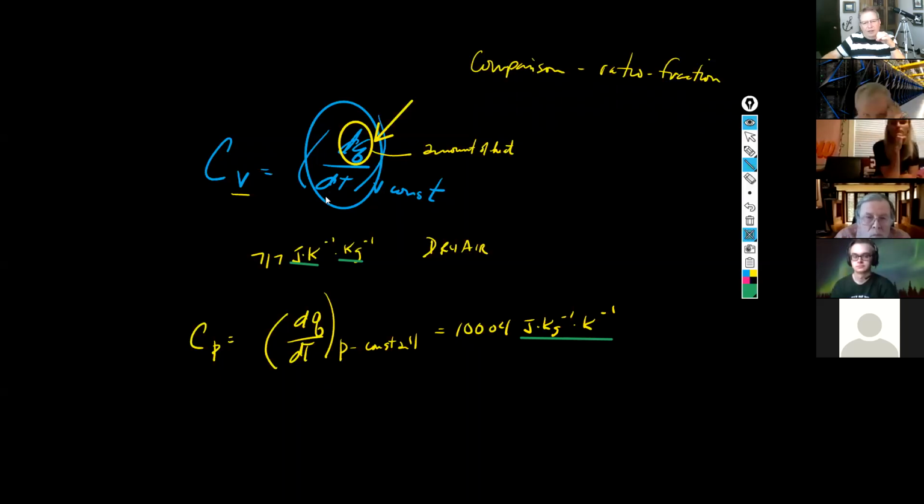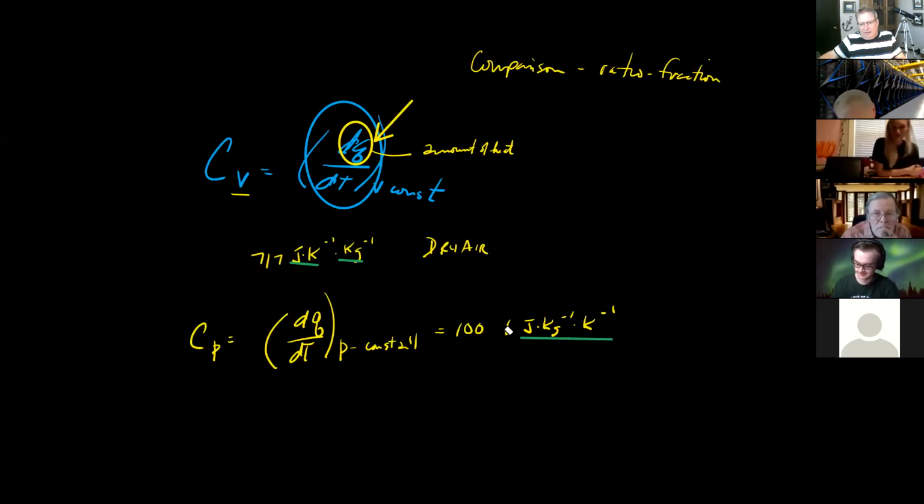That's supposed to be 1,004 or 10,004? Oh, it's 1,004. That's not what I wanted. And CV is 717. I don't know if you wrote that. Oh, okay, I see it now. Yeah, it's 1,004. Thanks, James.